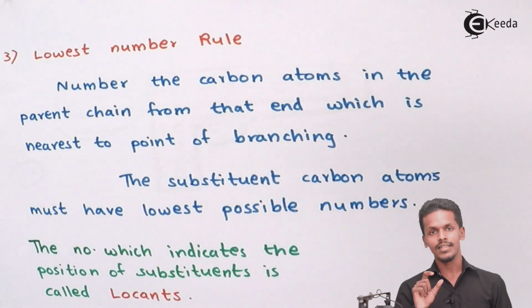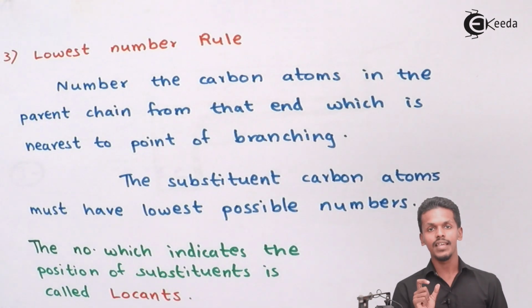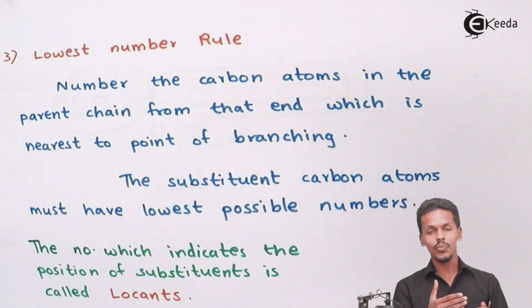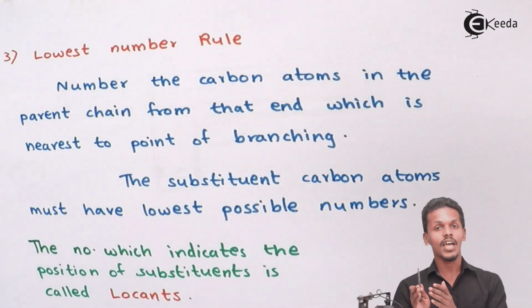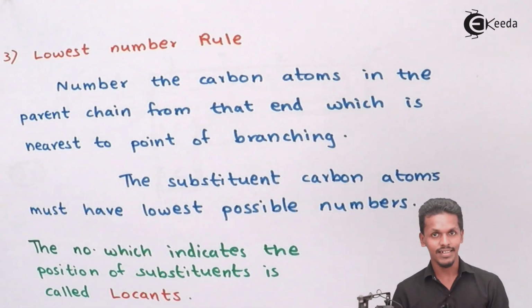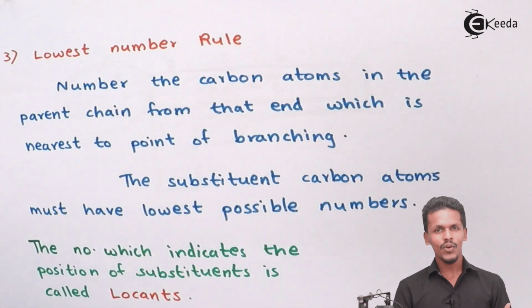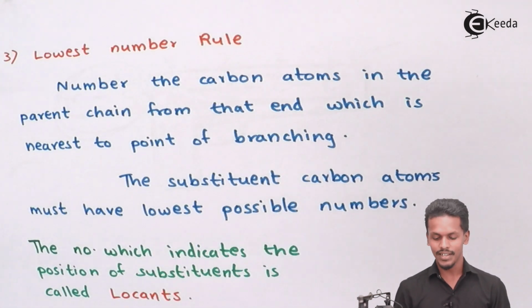Locants are nothing but the location where we could find a particular group, at the third position or at the fourth position. So they specify the location of the group on the carbon number 1, 2, 3, or whatever in the parent carbon chain. So, I will take the same example that I did earlier.